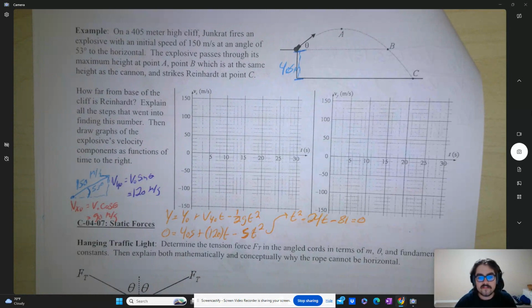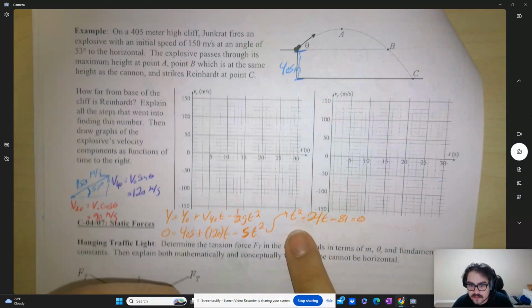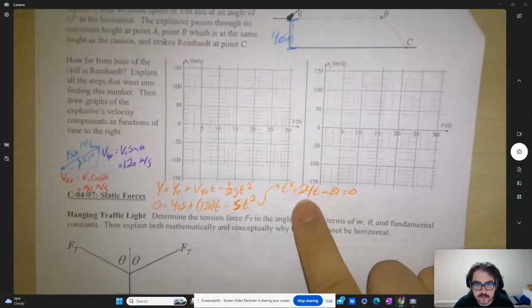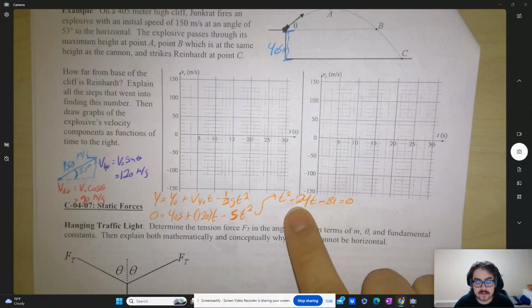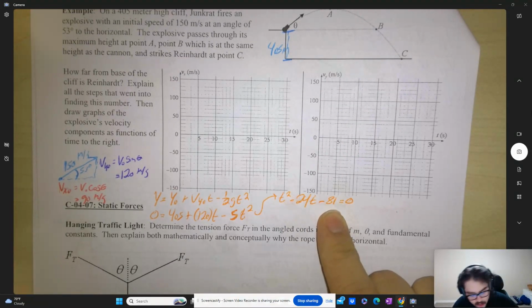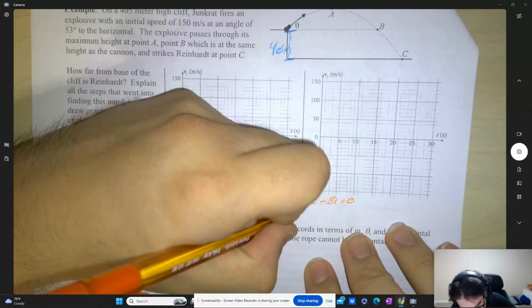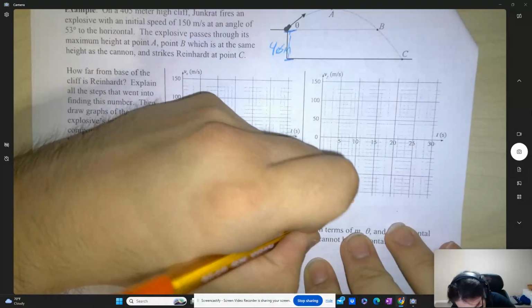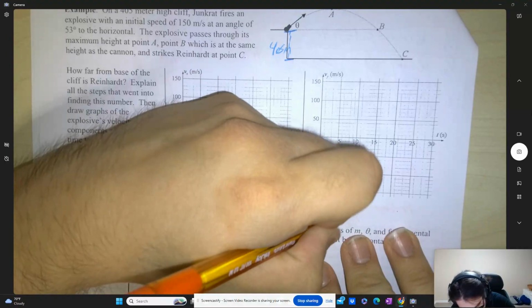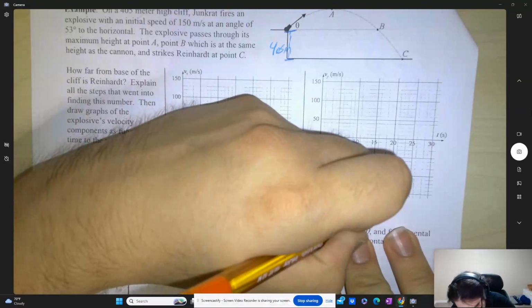Then you can factor this. You have to figure out what adds up to negative 24 and multiplies to get negative 81. Well, I've got t plus 3 and t minus 27 equals 0.